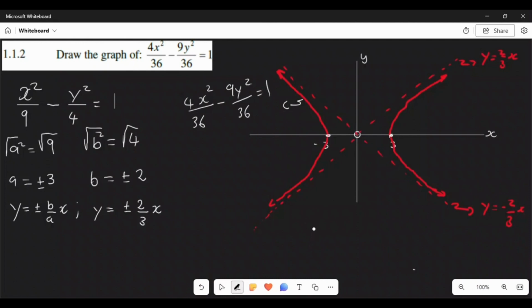I know it takes time, but I needed to explain this, because some people confuse this formula and think it's an ellipse or a circle. It's not a circle, it also is not an ellipse. So guys, I hope you understand. If you don't understand, rewatch this video, and also you can ask questions wherever you think you don't understand.